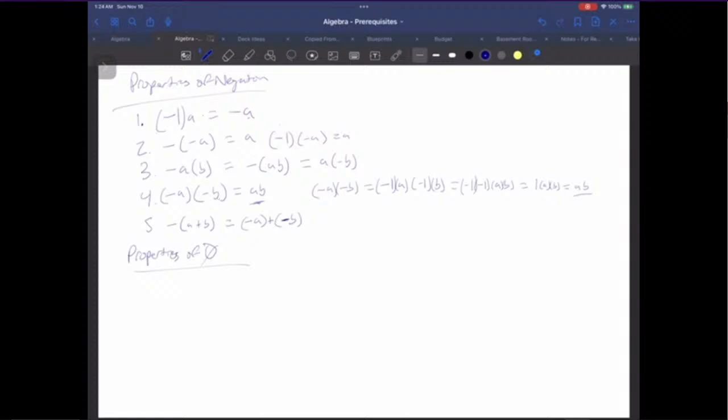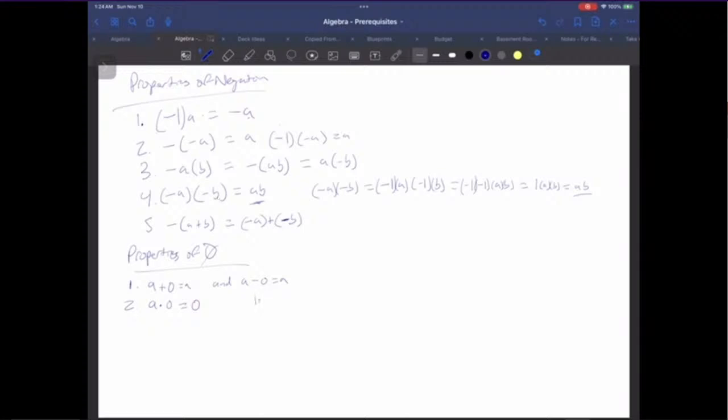If a and b are real numbers, variables, or algebraic expressions, then we have number 1, a plus 0 equals a, which was the identity there, and a minus 0 equals a. That's just the identity. 2, very important, a times 0 equals 0. Anything times 0 is 0.